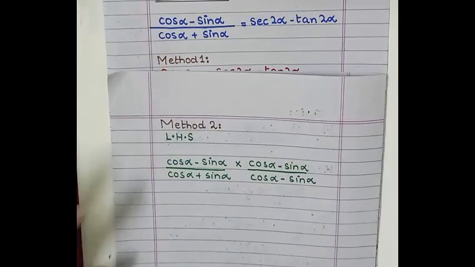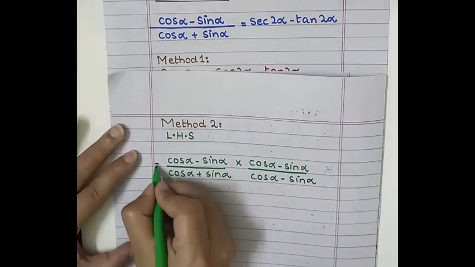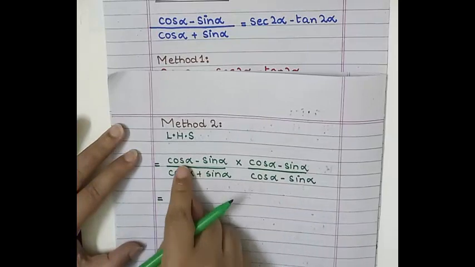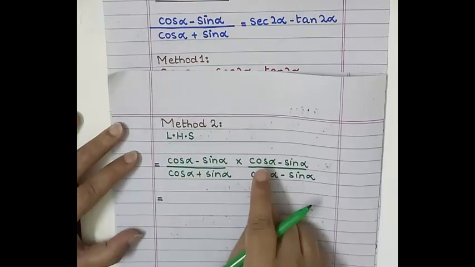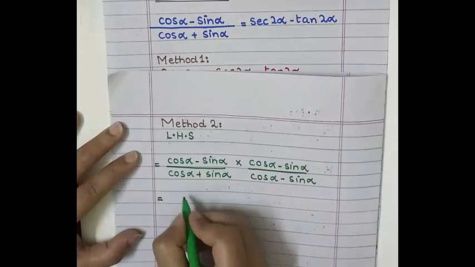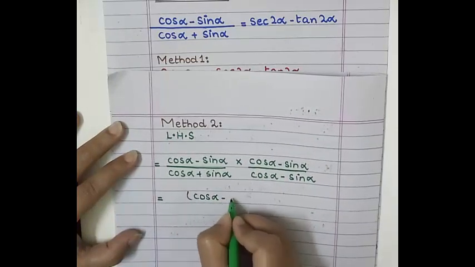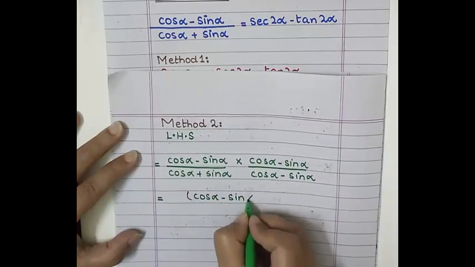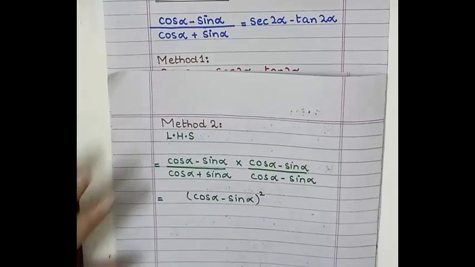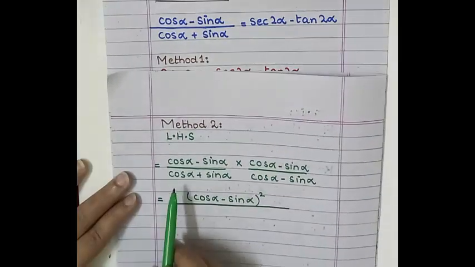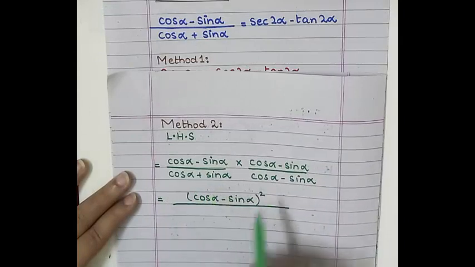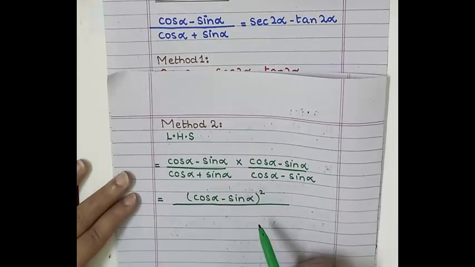Now there is a sign of multiplication between these terms. This is cos alpha minus sin alpha, and this is also cos alpha minus sin alpha, so we can write it as cos alpha minus sin alpha whole square. In the denominator we have cos alpha plus sin alpha and cos alpha minus sin alpha.